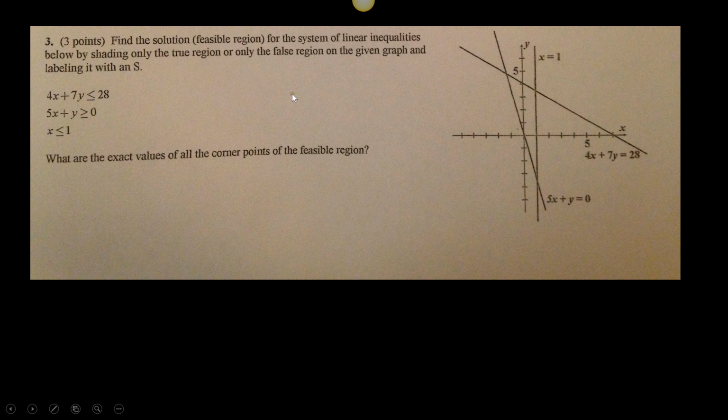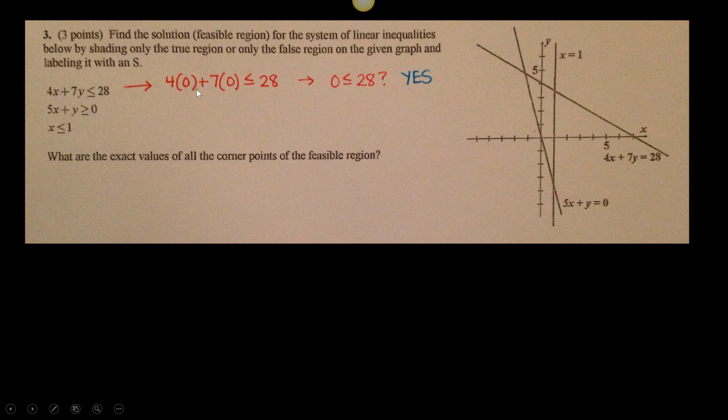So I'm going to start with this 4x plus 7y is less than or equal to 28. That is this line right here, and we need to know, should we be shading on the upper side of it or the lower side of it. So let's pick a point. Remember, the easiest point is 0, 0. So I'm going to take 0, 0 and plug it in.